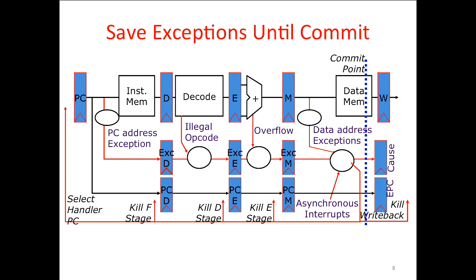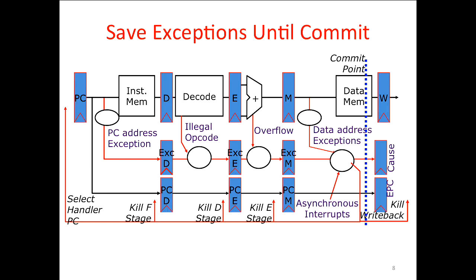So if I got a bad PC address, as you go down these pipe stages, if you already have an exception, you ignore any further exceptions and just keep the original one and pass it along, right? So at this end, you'd report there was a PC exception. You ignore anything else that happens. So as soon as one exception happens to that one instruction, you remember that first exception as it moves down the pipeline, ignore any others, and that's the one you report. Okay? So that's another bit of detail to get right.